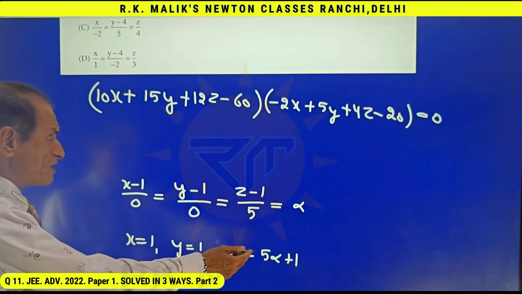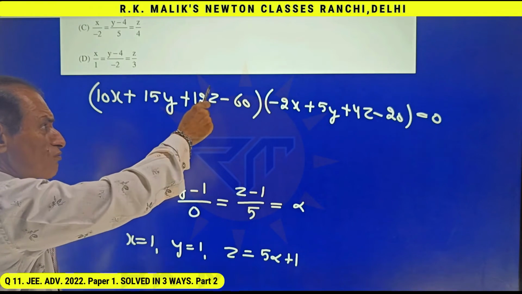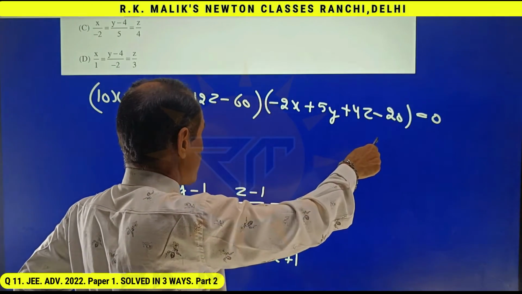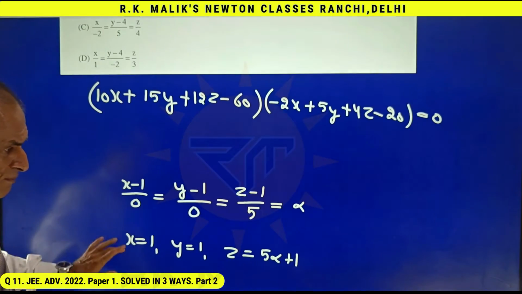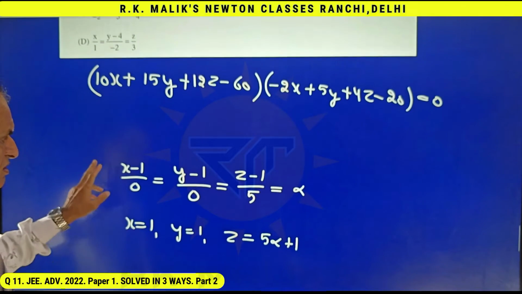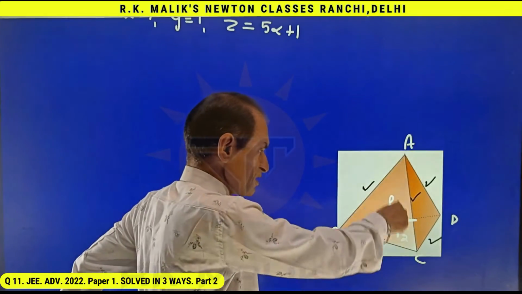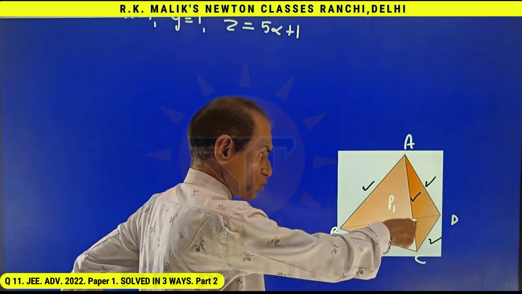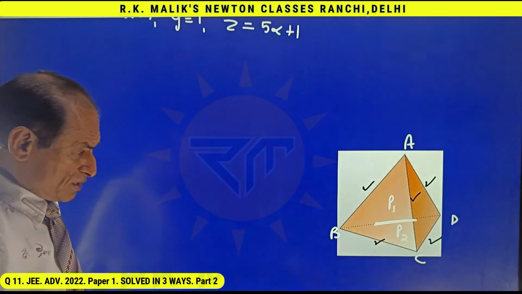If by putting this point in this equation, this part gives one value of alpha and this part gives one value of alpha, and those two values of alpha are different, it will mean that this line is of the type AC, because in that case the line is cutting these two planes P1 and P2 at two different points.